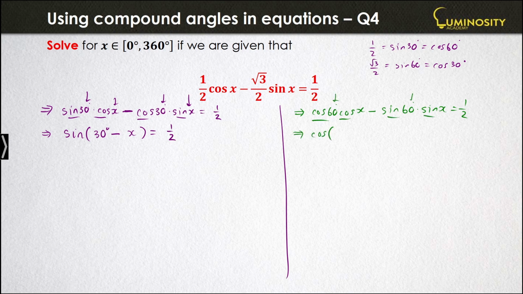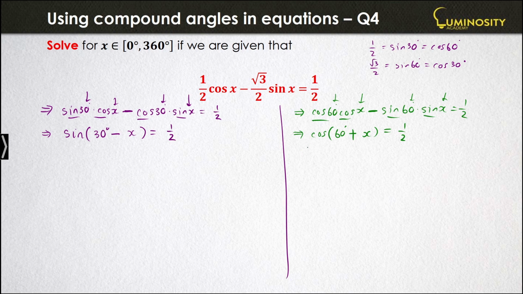There's your A and there's your B, so it's 60 degrees and x. Because of the negative sign, it becomes positive in the middle, equals a half. Look at the two equations: they look different, but they're actually exactly the same because of co-ratios. We'll solve both and see that we get the exact same solutions.